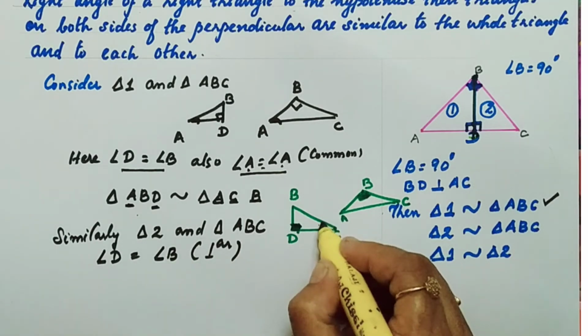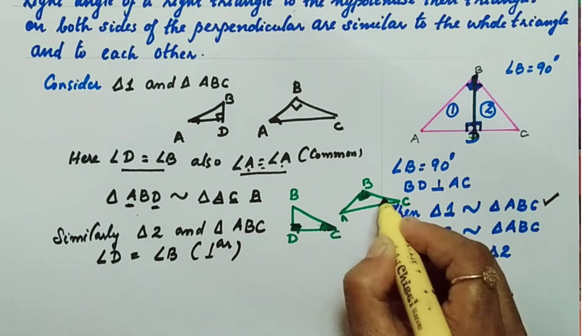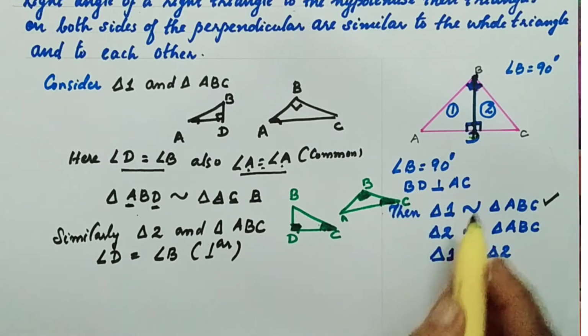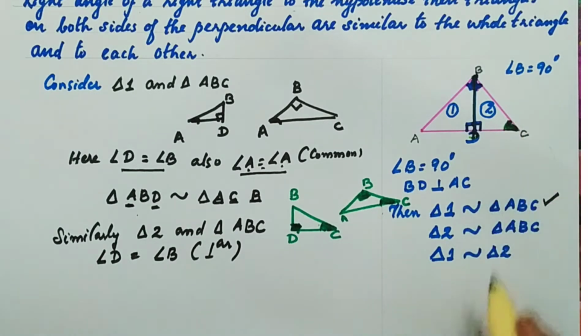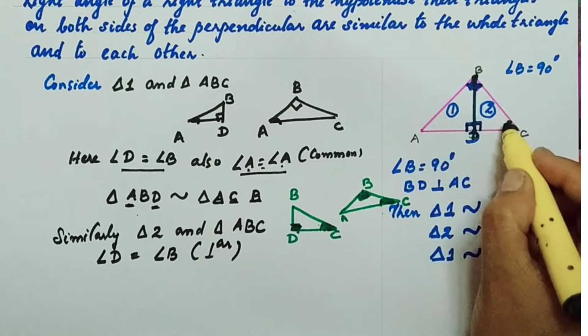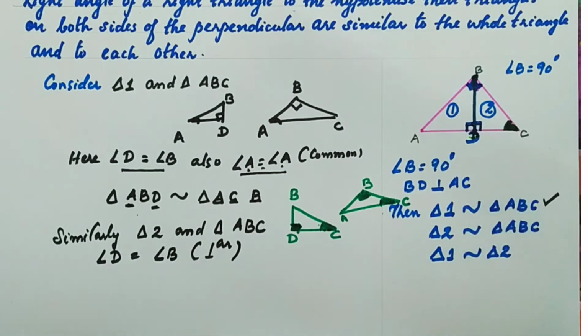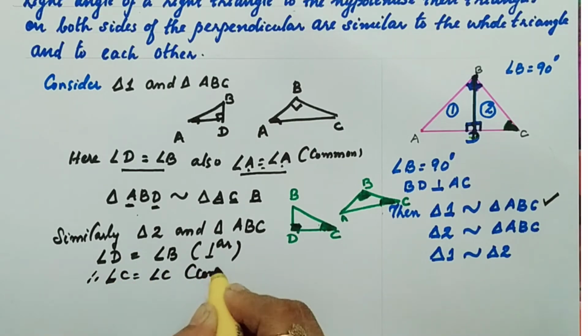Listen to this. Angle C is common for both the triangles. For the right side triangle, angle C, and for the large triangle ABC, there is an angle C. So angle C is common for both the triangles. Therefore, angle C equal to angle C. Reason: the common angle.